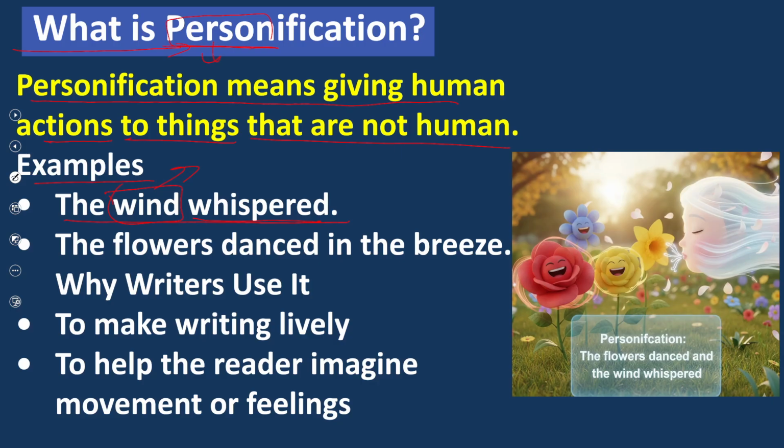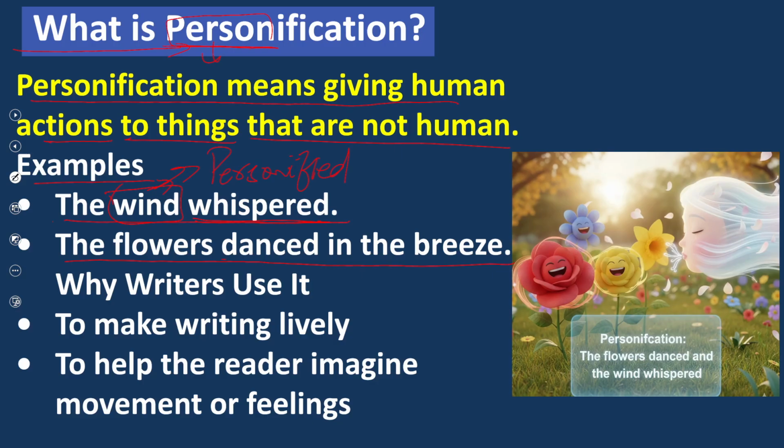So the writer who has used this line has made the wind just like humans by giving this quality to the wind. That's why it is called personification. So in this line, the wind is personified by the writer.